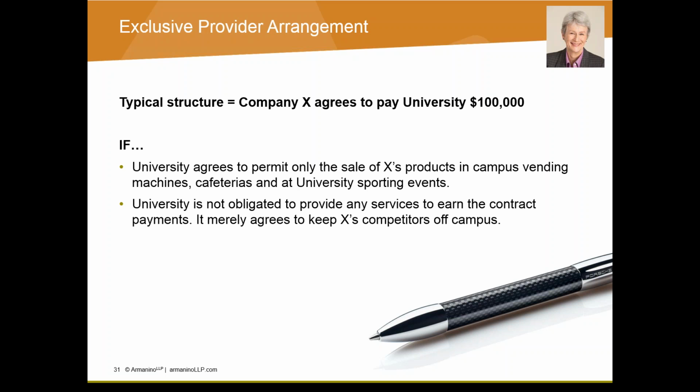They're just obligated to keep other soda sellers off the university. Now, the IRS asserts that this kind of arrangement, limiting the sale, distribution, availability, or use of the competition's products, generally results in a substantial return benefit. In other words, that's not going to fall into the QSP definition.